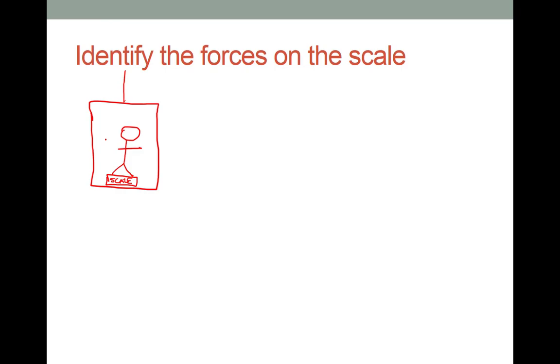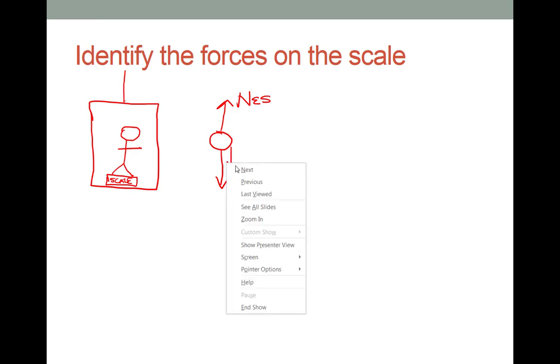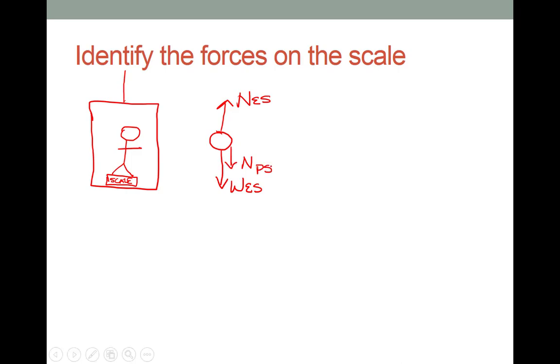Right? So I want to look at the forces on that scale. Okay, so what forces are there? Well, the elevator is holding it up, so there's a normal force from the elevator on the scale. There is the scale's weight, and there's also a normal force, and this is another case where a more oblong circle would be good, a normal force from the person on the scale.